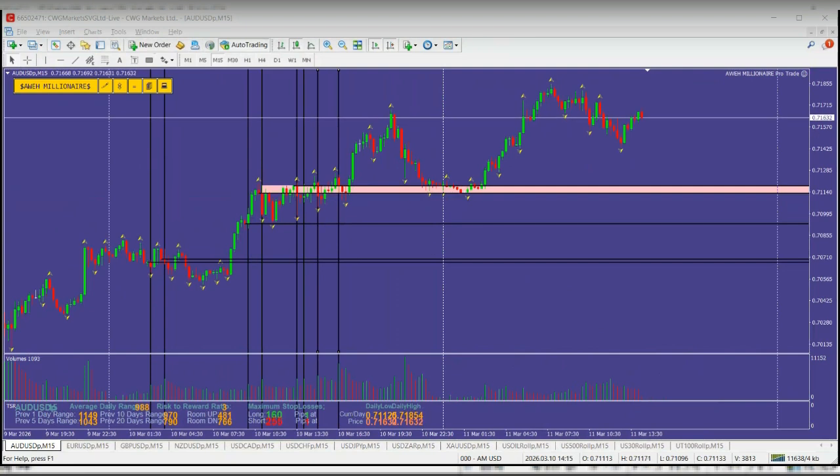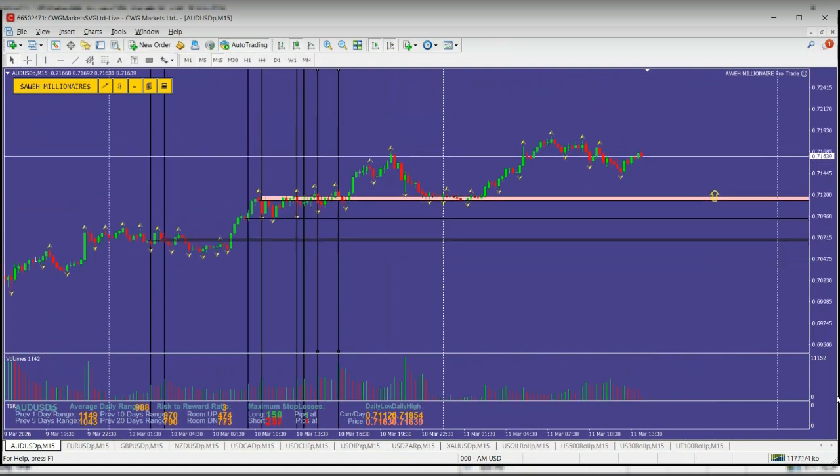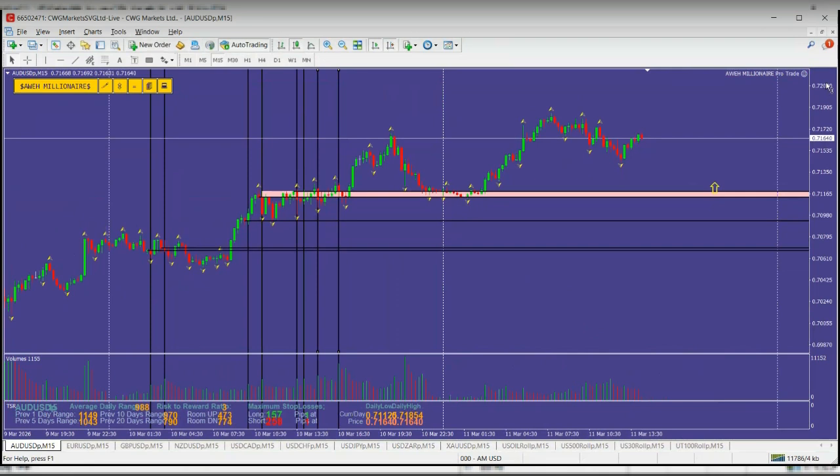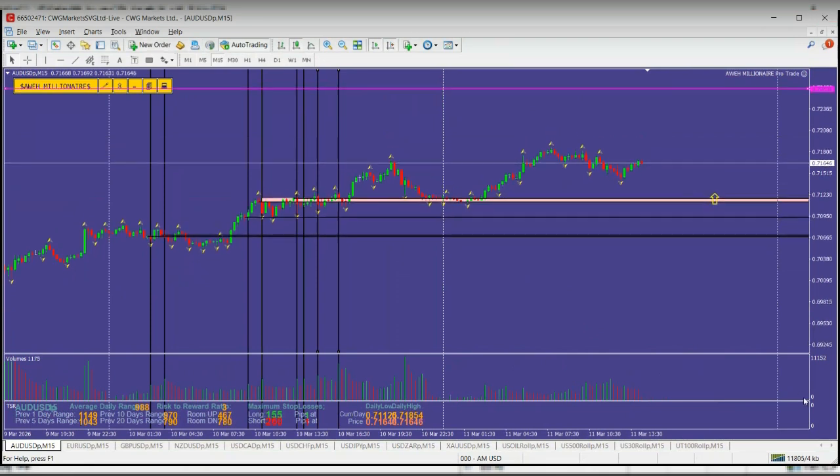So basically what we have here on Aussie dollar is we have our demand zone number 1 over here, demand number 2, and the demand zone number 3 below. We don't have any supply level, only the resistance all the way at the top here at the 0.7263 level.